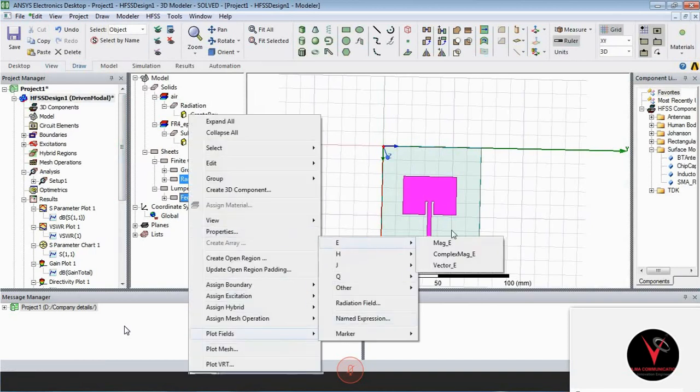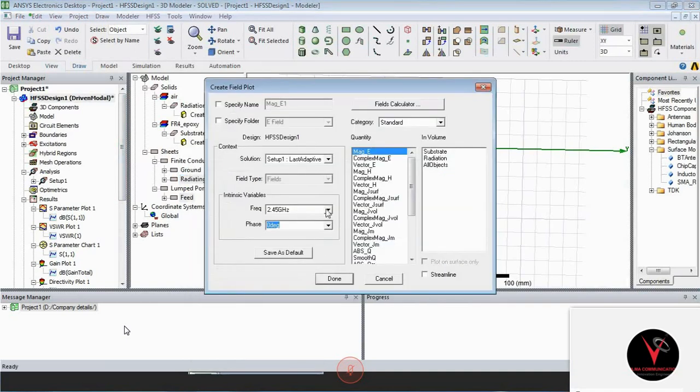In the plot field we have magnitude here, so you select that magnitude. Our phasor degree is 90 degrees, so it could be 90. Our frequency is 2.